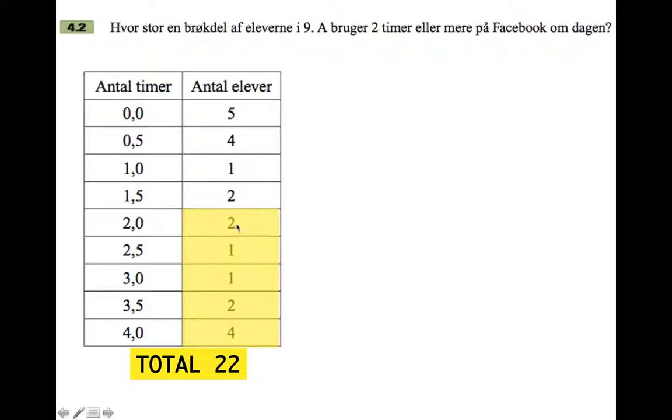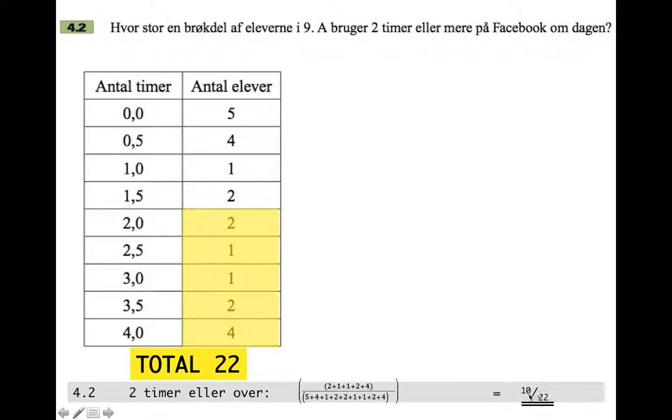So if we add those up, 2 plus 1 makes 3, plus 1 makes 4, 5, 6, 7, 8, 9, 10. So it's 10 out of 22, and you can put the working from how you added them all up. 10 out of 22 can actually be reduced to 5 over 11, so you might want to write your final answer as 5 over 11.